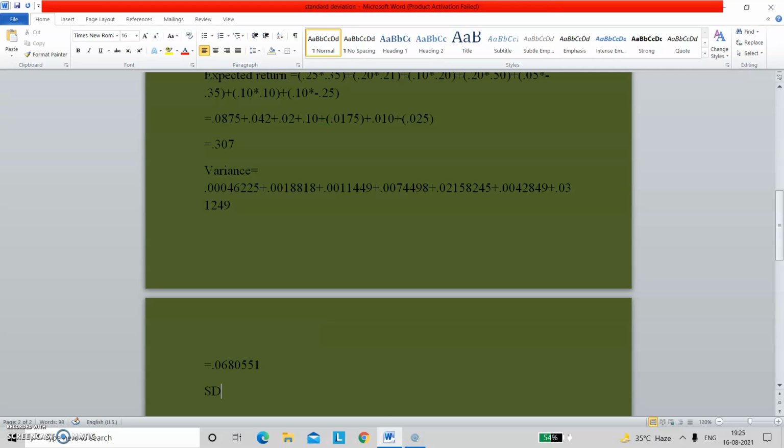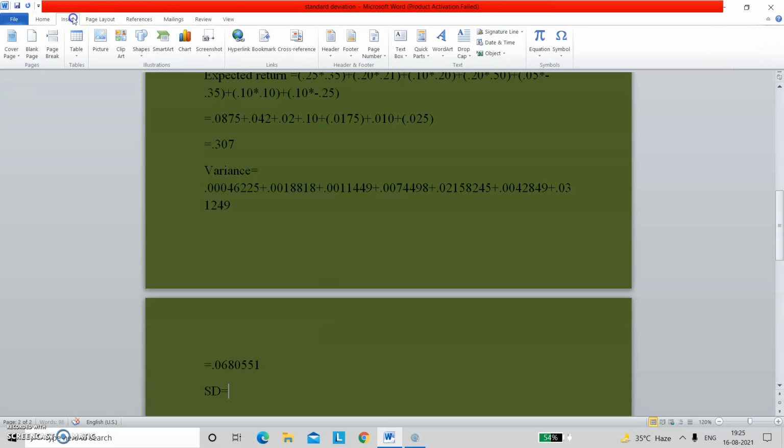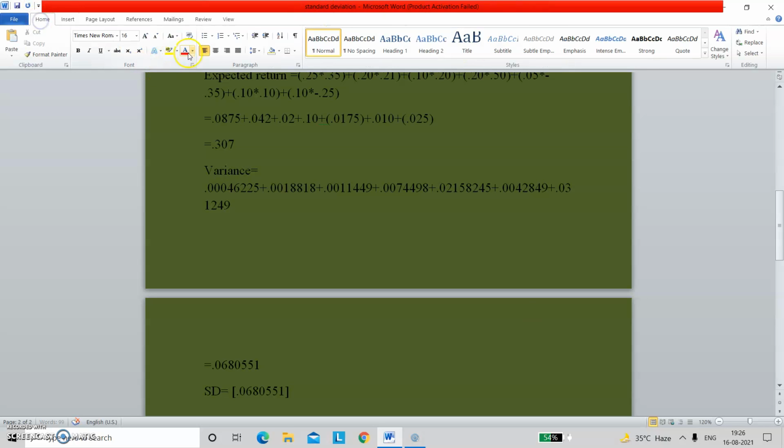And the standard deviation will be the square root of variance. So we put the sign of square root, or simply we can write 0.0680551 raised to the power 1 by 2. Square root can also be signified as power 1 by 2, right?